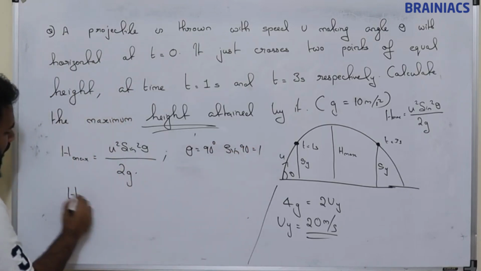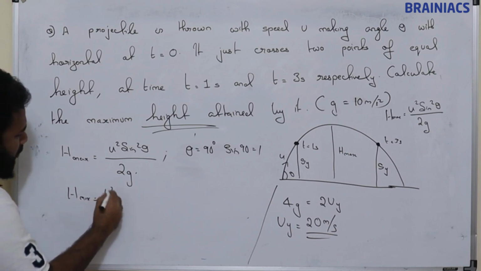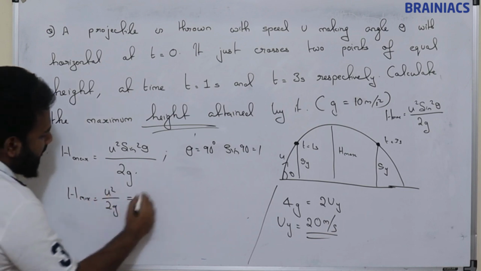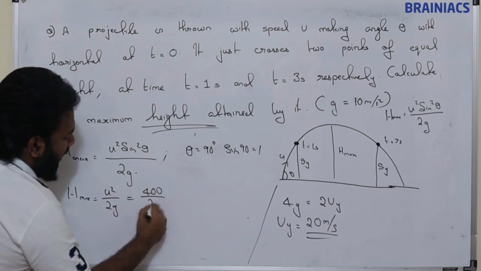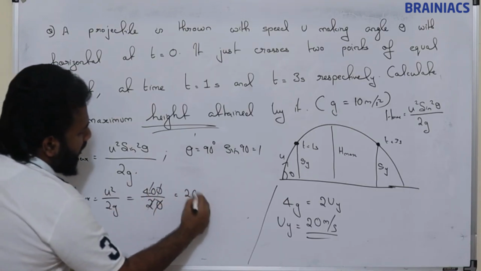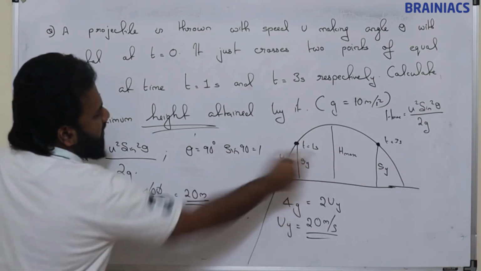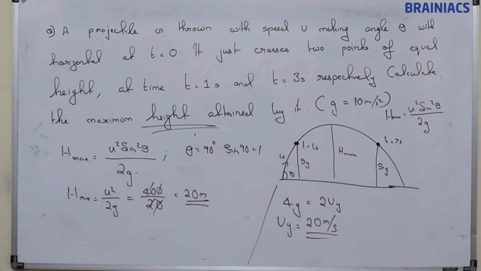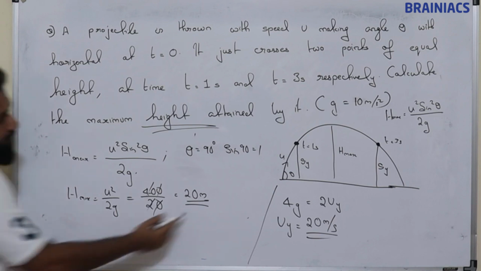So h max is equal to u square by 2g, nothing but 400 divided by 20, which is again 20 meters. So the maximum possible height which we can have is 20 meters. Clear?